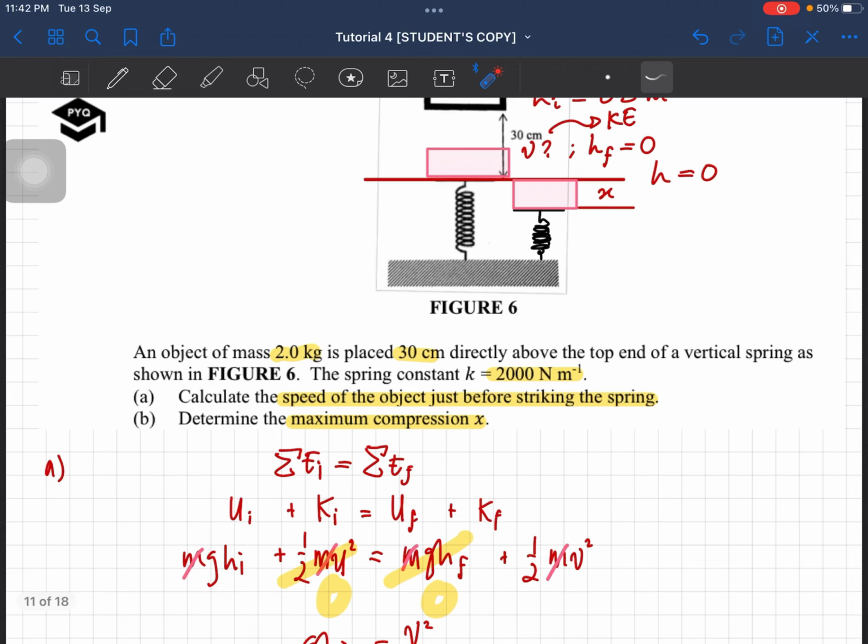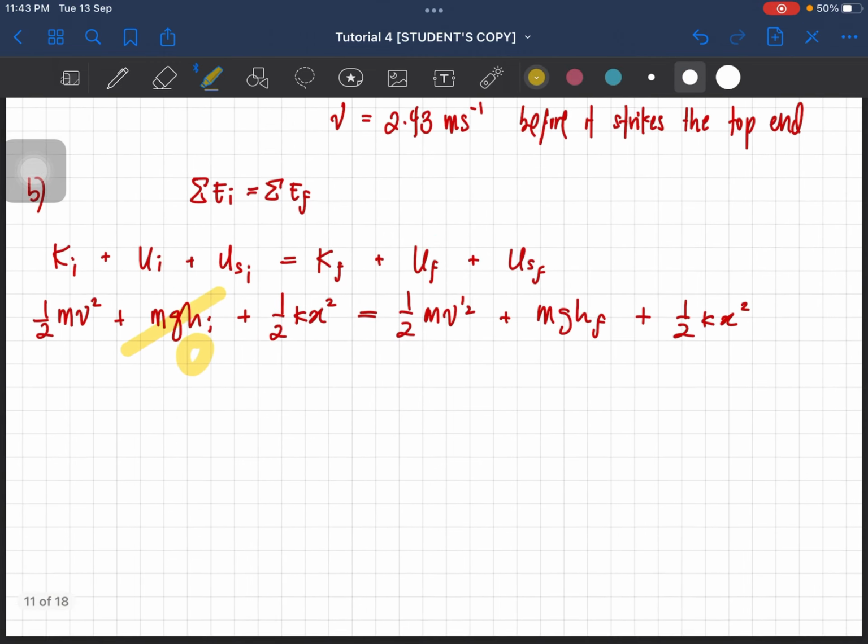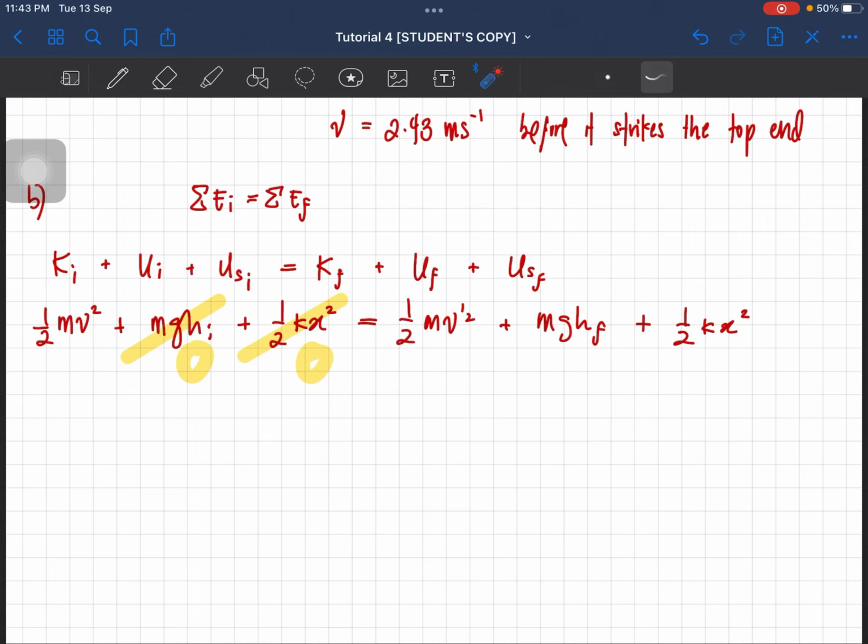Next, we look at the elastic potential energy. The spring is in equilibrium, it is not stretched or compressed, so x is equal to 0. So this is 0, and initial is left with half mv².